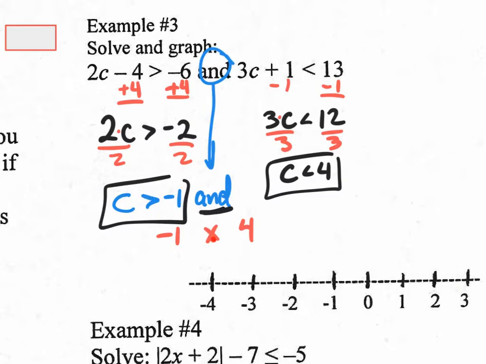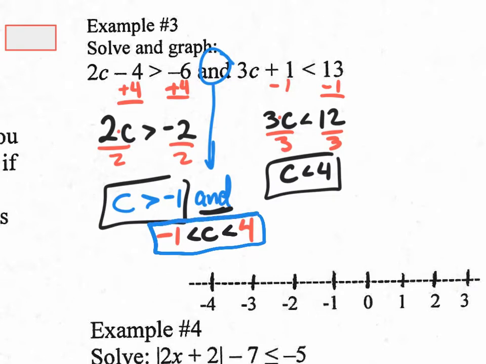I shouldn't have put x, I should have put c. Okay, so when you compare c and negative 1, c is greater than negative 1, so it has to open up to the c. And right here, c and 4, it has to open up to the 4. So there's my compound inequality written together instead of having that word and.